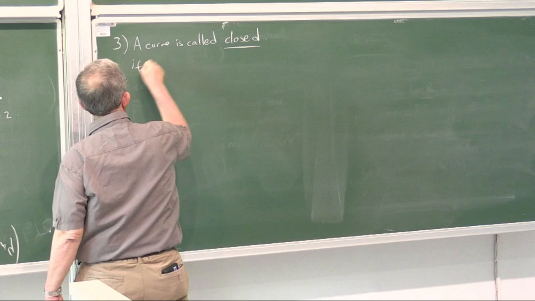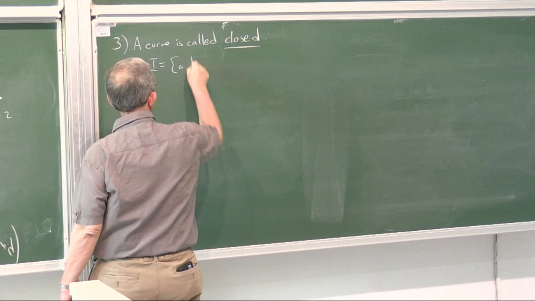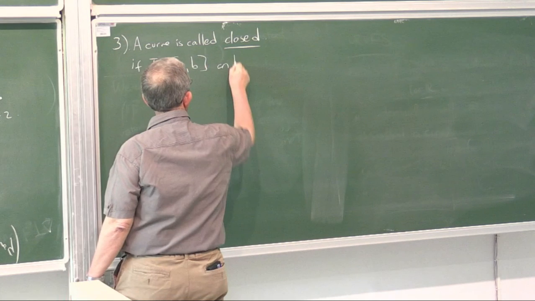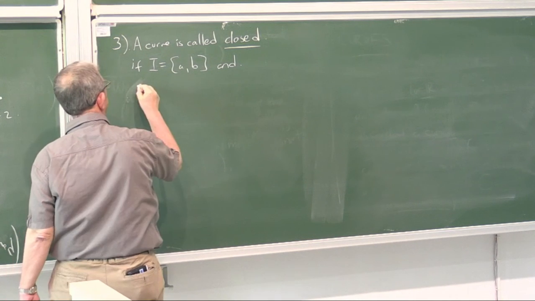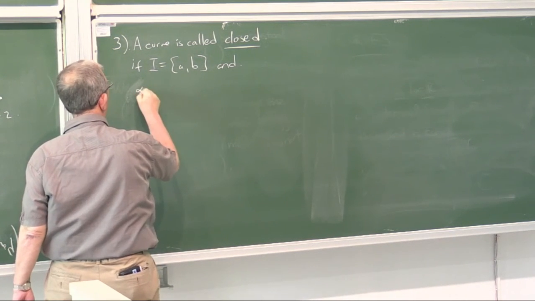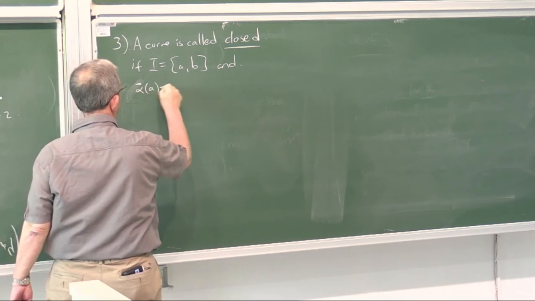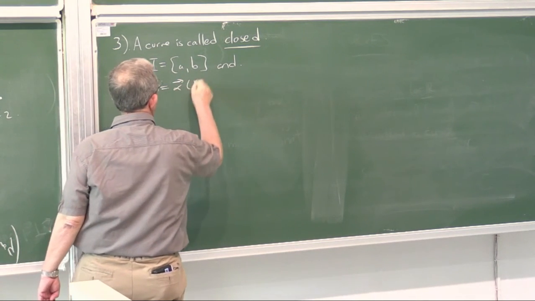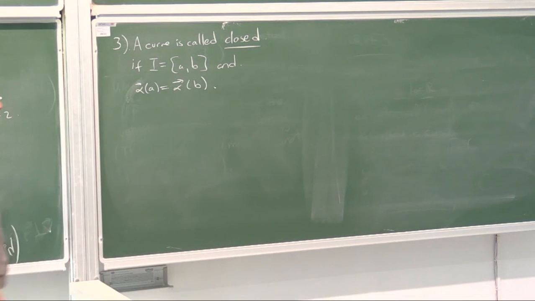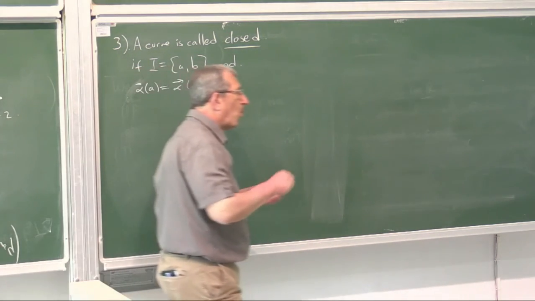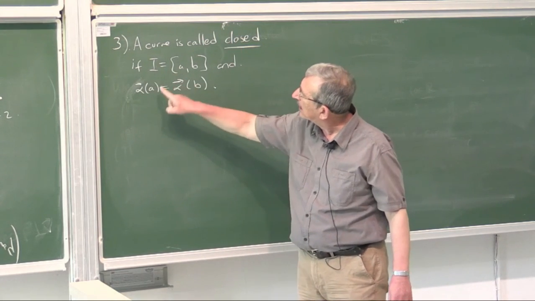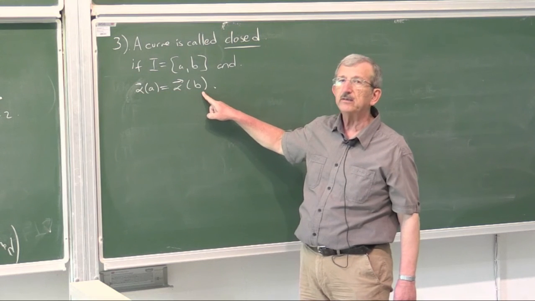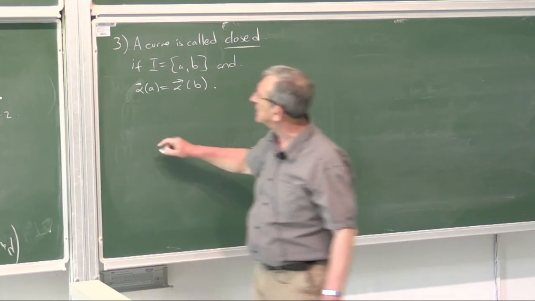If the interval is a closed interval, and for all representations, we have alpha of A equal to alpha of B. If you start from one point, you go around the curve and come to the same point at the end, you call it a closed curve as expected.